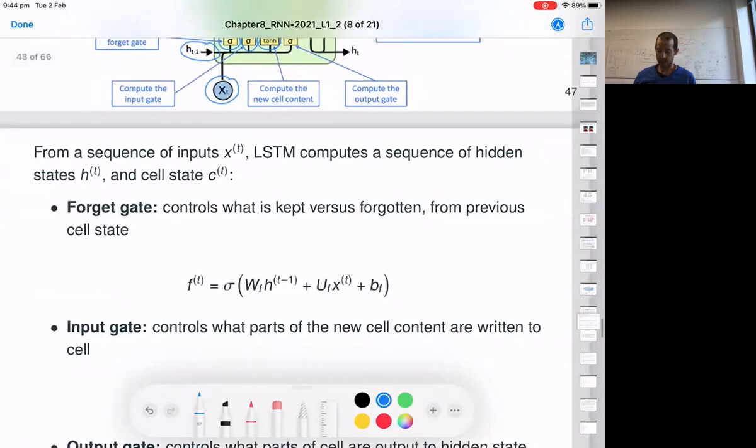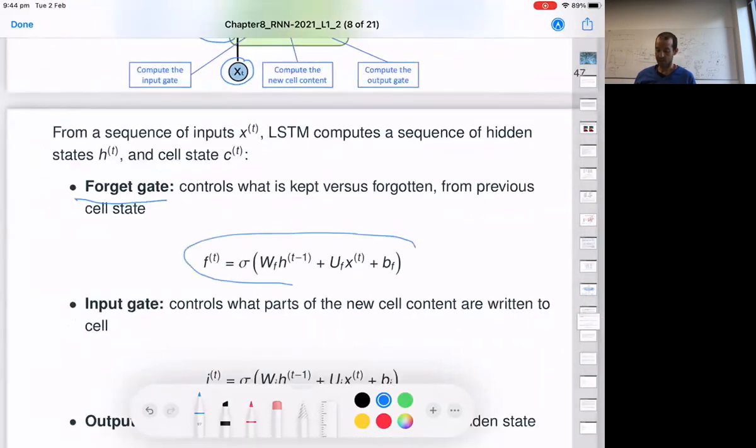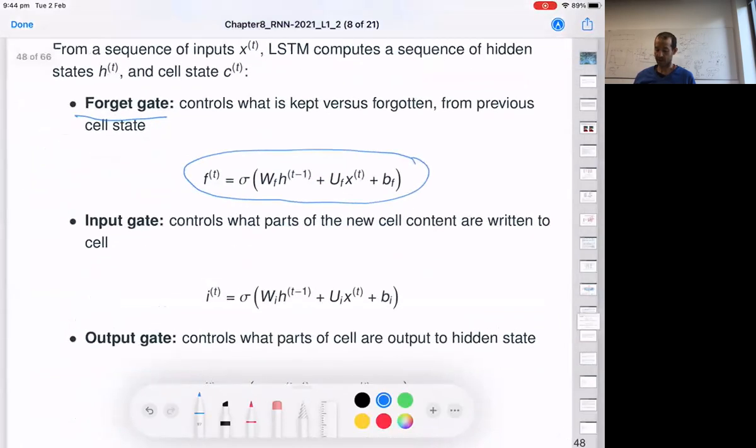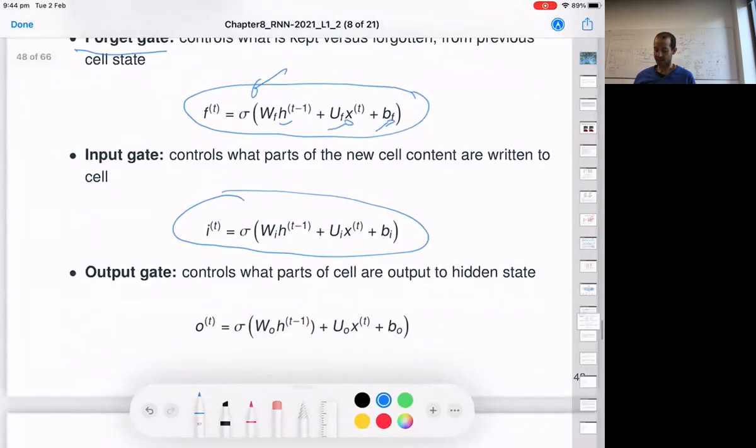So we see the forget gate with this equation, and it looks all similar. You can see some weight multiplied by the previous hidden state, some information at time t, and the bias, and you have the sigmoid. Here is the input gate, which is quite similar, and you have the output gate, with a similar equation each time.